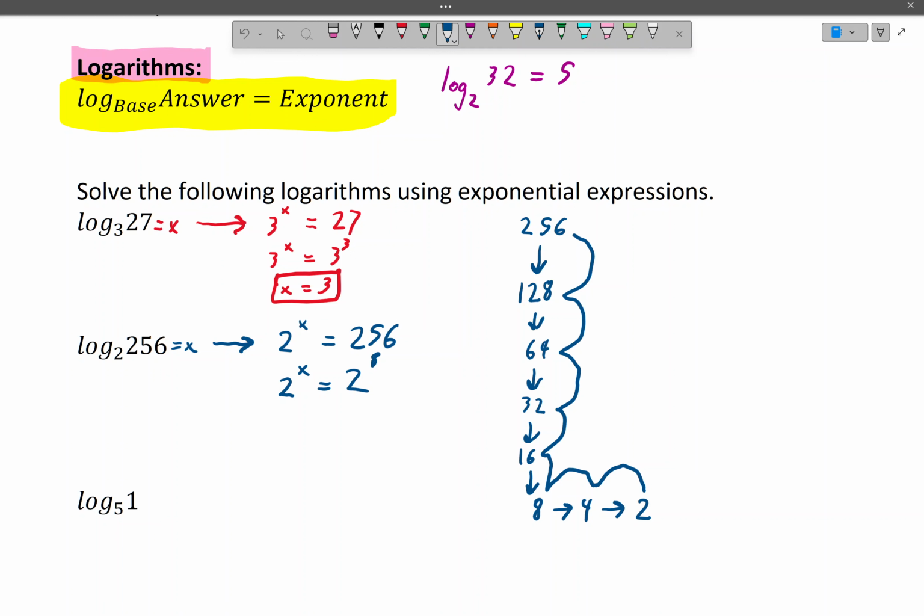I don't have it memorized, but I can divide by 2. This number, 256, actually any of these numbers that you can see here, as well as continuing on to 512 or 1024 or 2048.